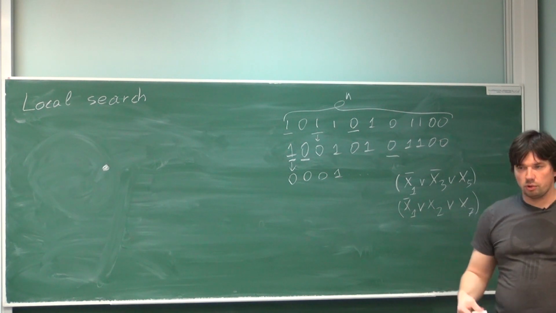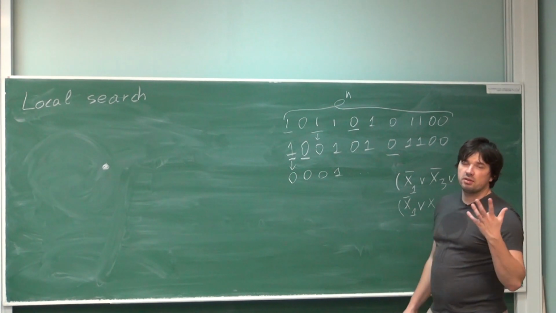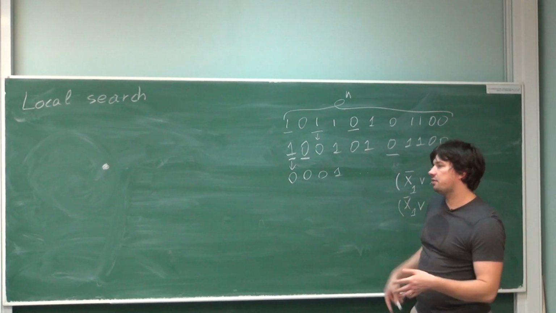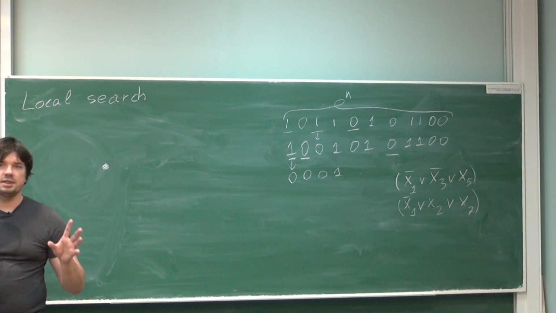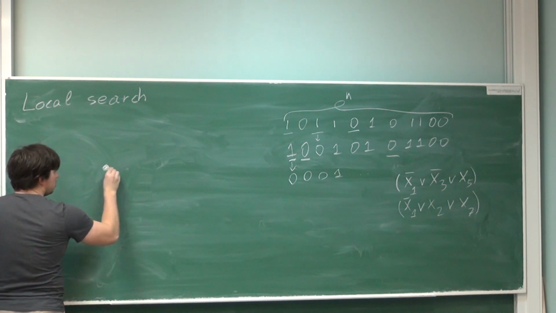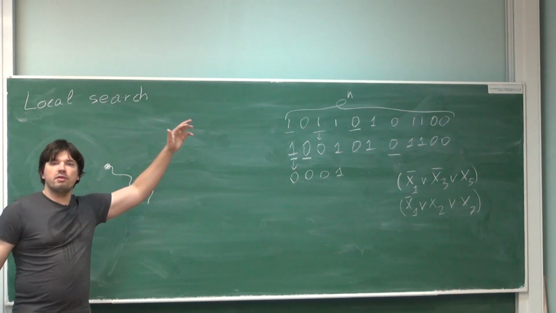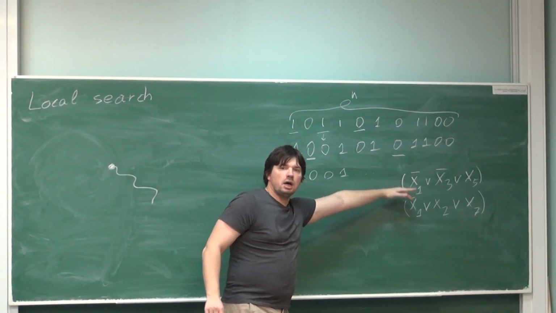So this is our process, and we'll do that for some time, and then we either find a correct assignment, or after some number of steps that we will define later, we'll say, hey, stop, we wandered for too long, and then we start it all over again. So the idea is that you start with your starting assignment, and then you crawl around flipping variables that are in some unsatisfied clause.